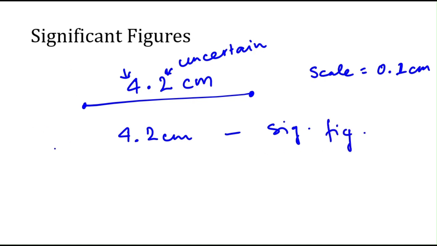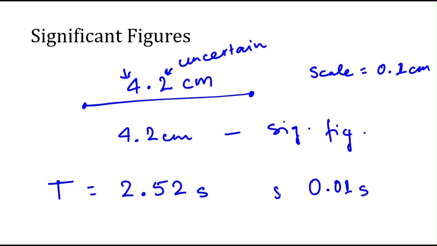Now, if we are taking another example, let's say you are measuring the time period of a simple pendulum, and you have reported the value as 2.52 seconds. The stopwatch you are using here, let's say, has a least count of 0.01 second. It can measure this smallest value with certainty.